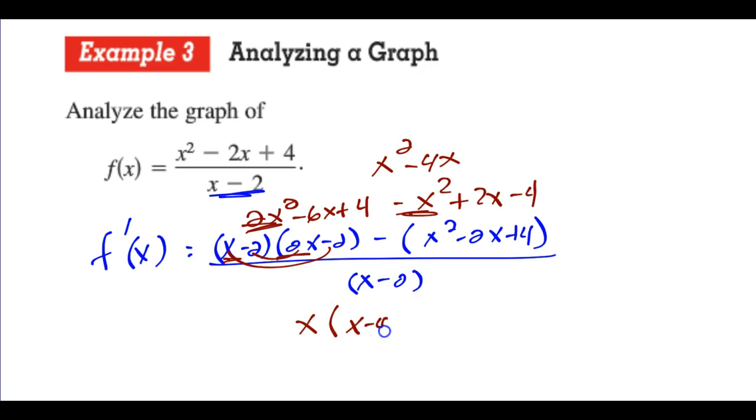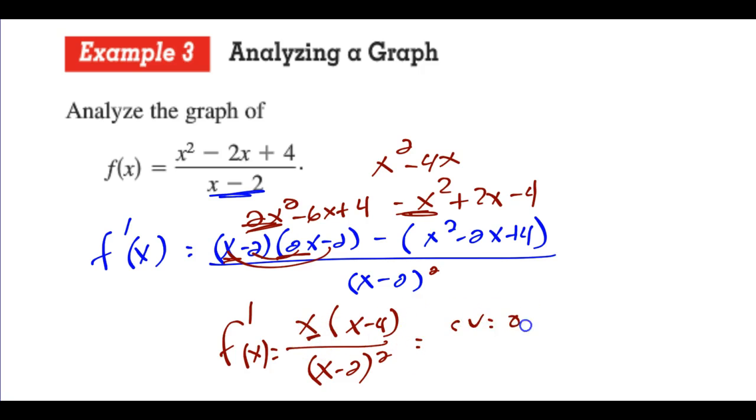So that's x(x minus 4) over, of course this is squared, I forgot it, (x minus 2) quantity squared. So here's the first derivative in a fairly good form. I like this form because I would set it equal to 0, so I can see the critical values are going to be 0 and 4.